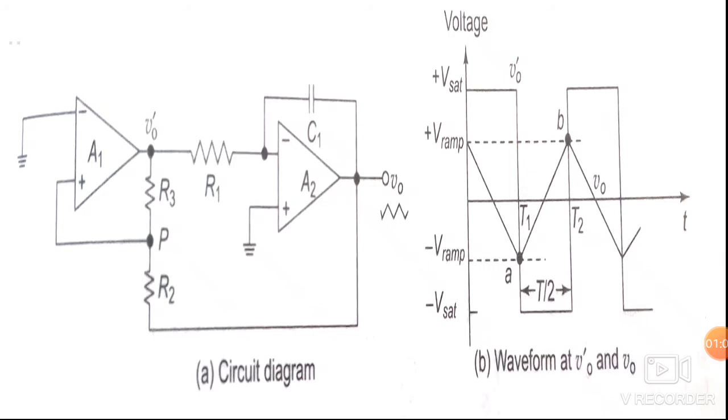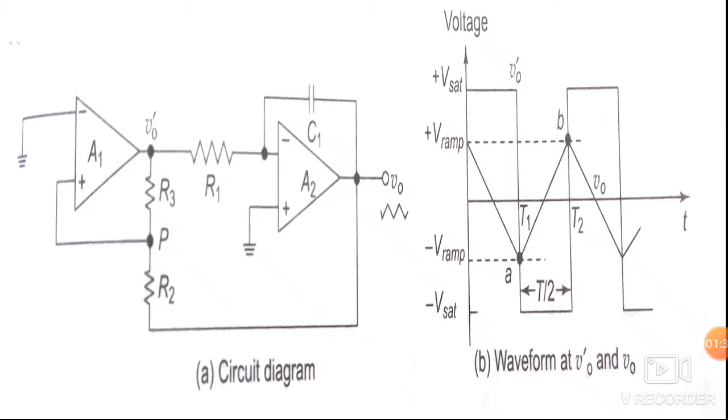So essentially, operational amplifier A1 is acting as a Schmitt trigger circuit, and operational amplifier A2 is acting as an integrator. So basically, this is a combination of a Schmitt trigger and an integrator.